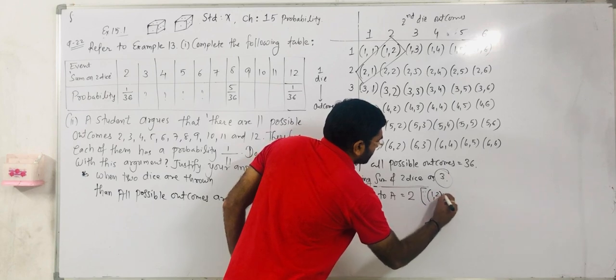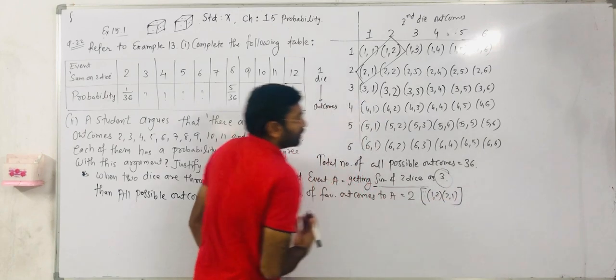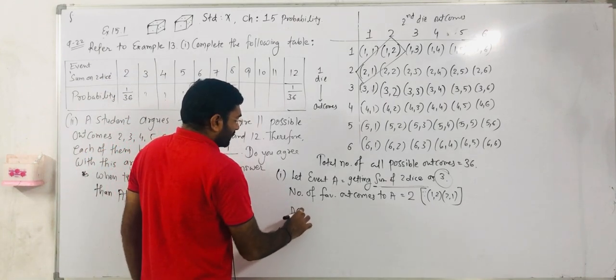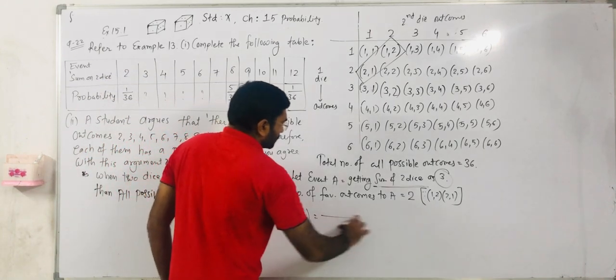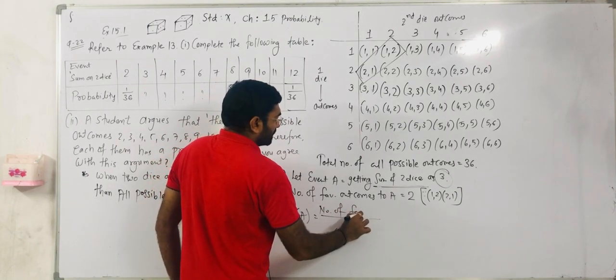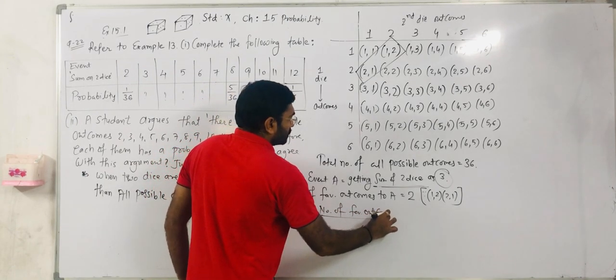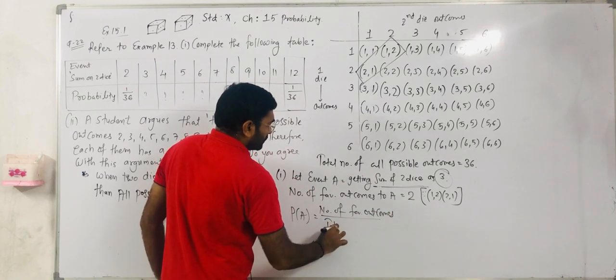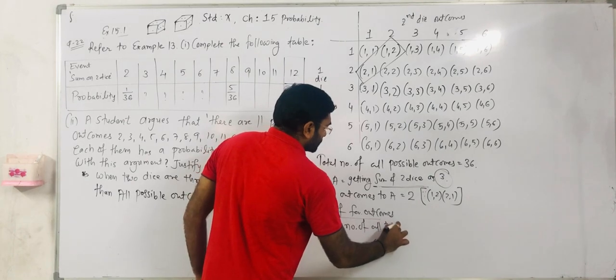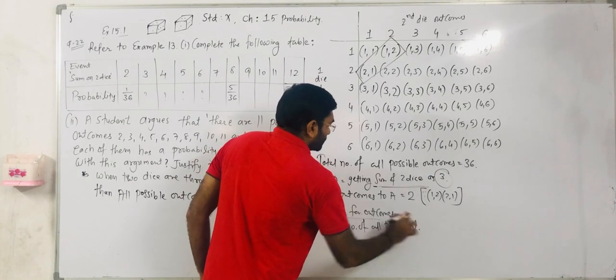Which outcomes give the 3? These two outcomes, right? So probability of event A is equal to favorable outcomes. We have to write in the numerator number of favorable outcomes. In the denominator we have to write the total number of all possible outcomes. Right?